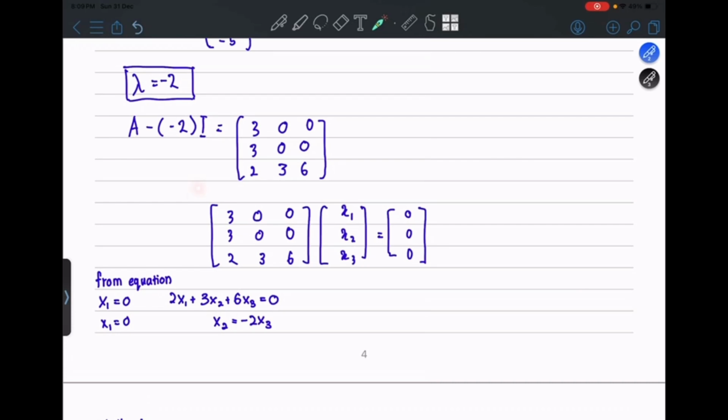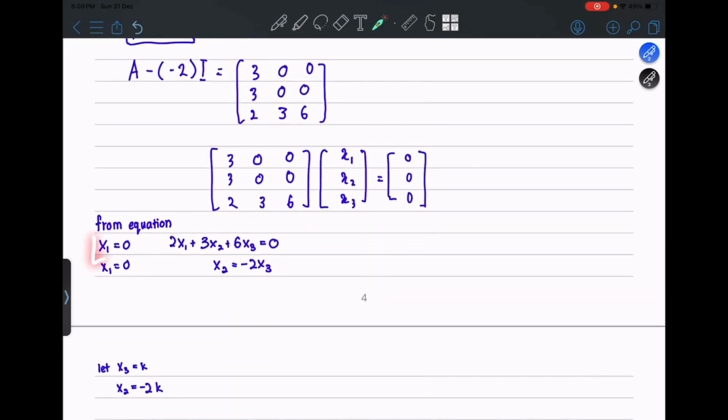From the first row, you know that 3x1 equals 0. So if you divide by 3, you get x1 equal to 0.